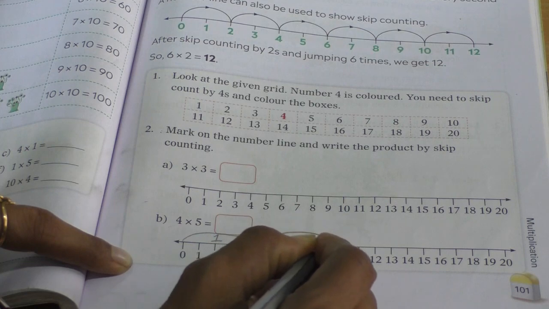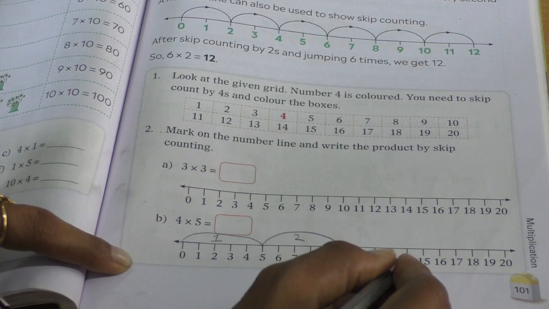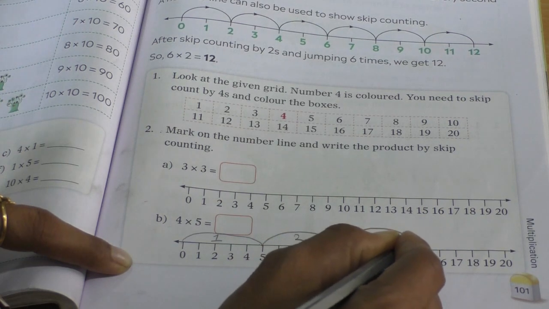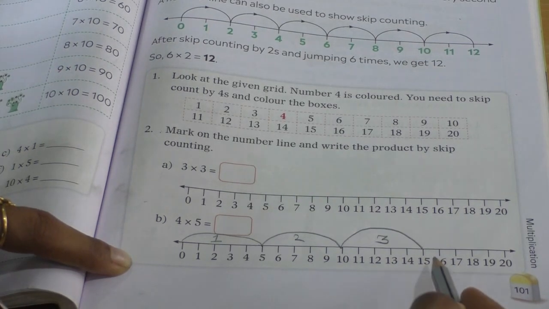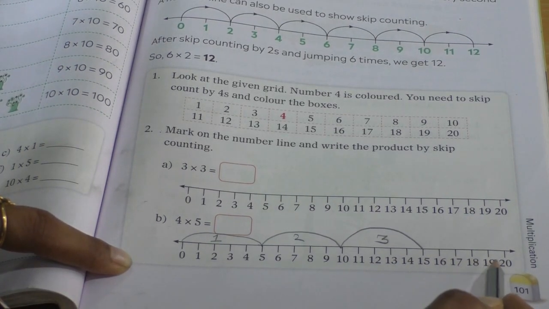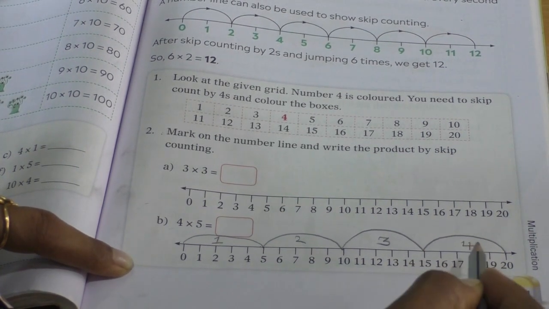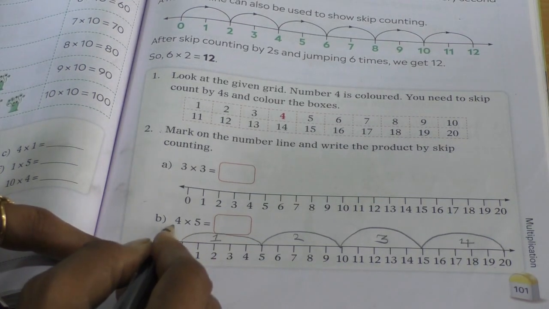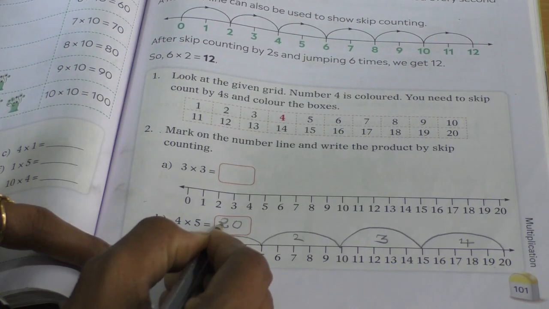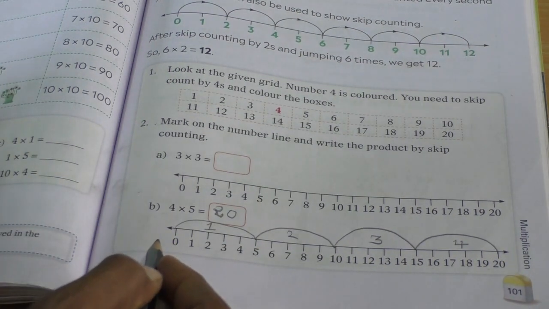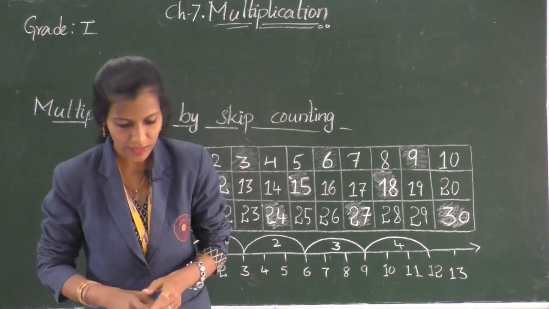Jump 2. 1, 2, 3, 4 and 5. Third jump, then 1, 2, 3, 4 and 5. So you reach 20 in the fourth jump. So 4 into 5, the answer would be 20. So we are done with our chapter, that is chapter 7, multiplication.